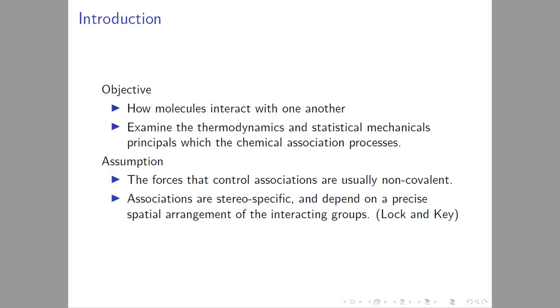Okay, so as we know, the objective of this chapter is that we want to know how molecules interact with one another. Let's say we have male and female interacting as a couple, or even a cell and a virus, or a protein and a ligand: how do they produce the complex?